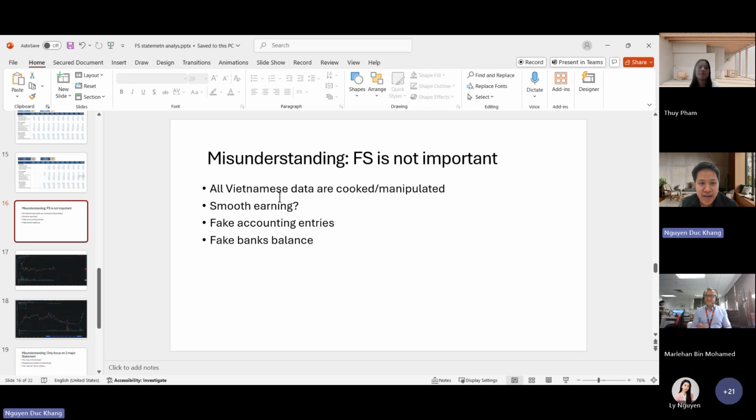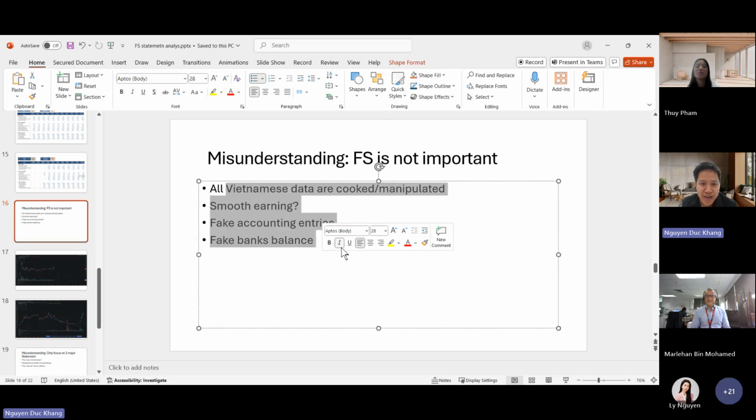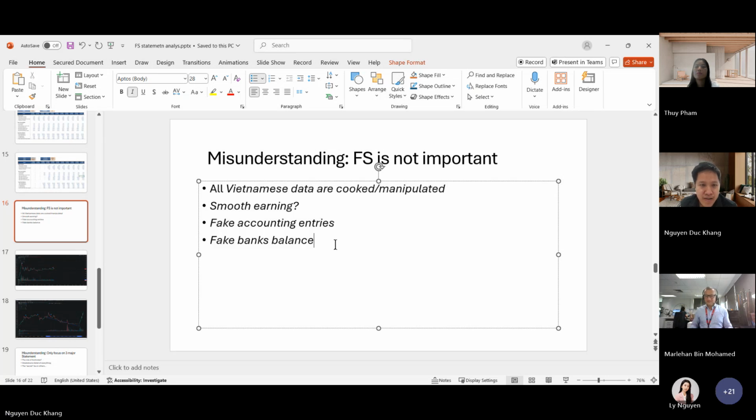I must say that from my point of view, I can't deny this. It happens, especially in private firms. But like in everything, if you do something, you will leave a trace.